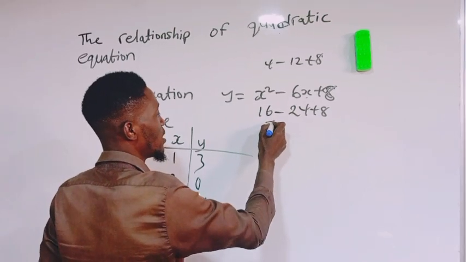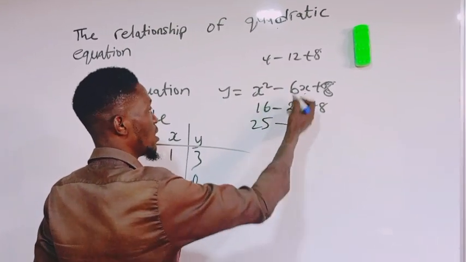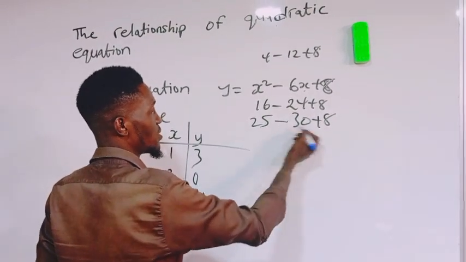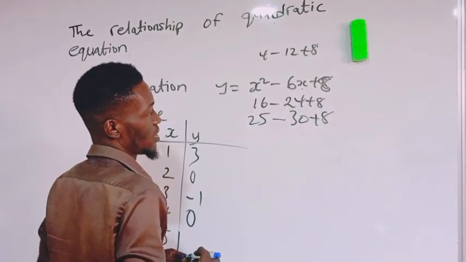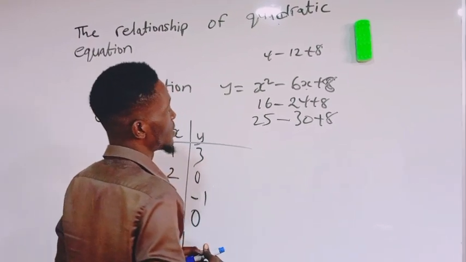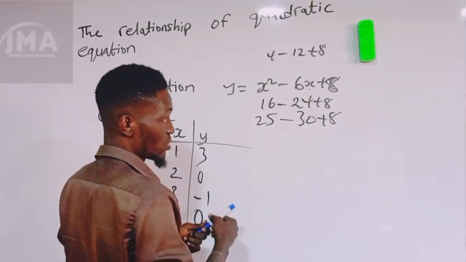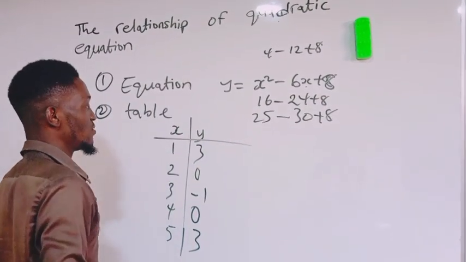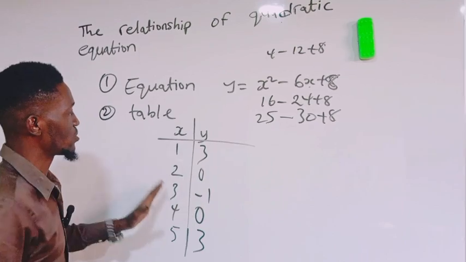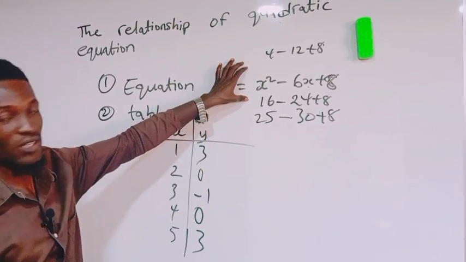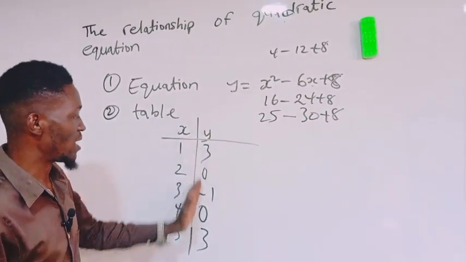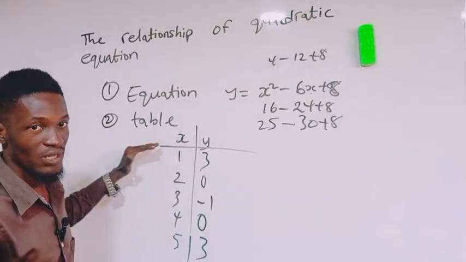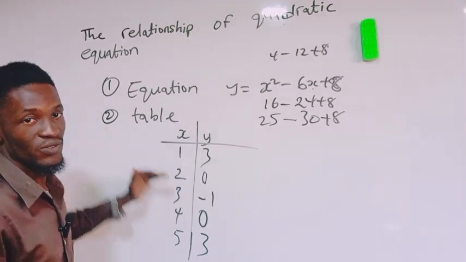You're going to have 25 minus 30 plus 8. So 25 plus 8 is 33, and 33 minus 30 is 3. These are the values of x and y. I used this particular equation as my reference point to get my y values. So a quadratic equation can also exist in tabular form.